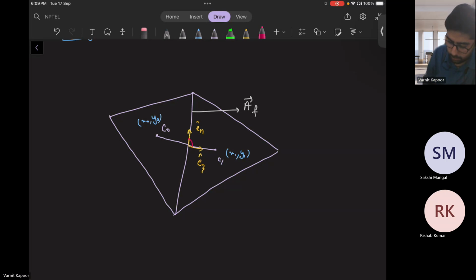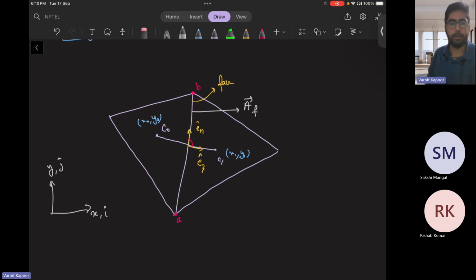Suppose this point is point A, this point is point B, and this is your face. Your current coordinate system, the orthogonal universal coordinate system, is I hat, J hat.